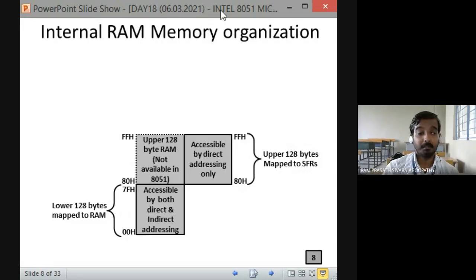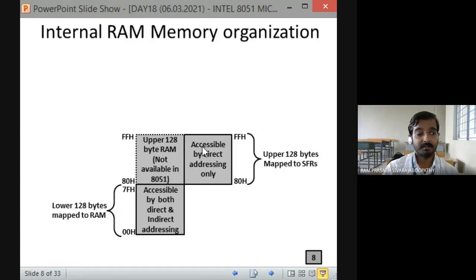In some of the microcontrollers from the 8051 family, generally we say the 51 family, and 8051 is one among the family, in the higher versions of the 8051 microcontroller you will have another 128 byte RAM that can be addressed by indirect addressing only.